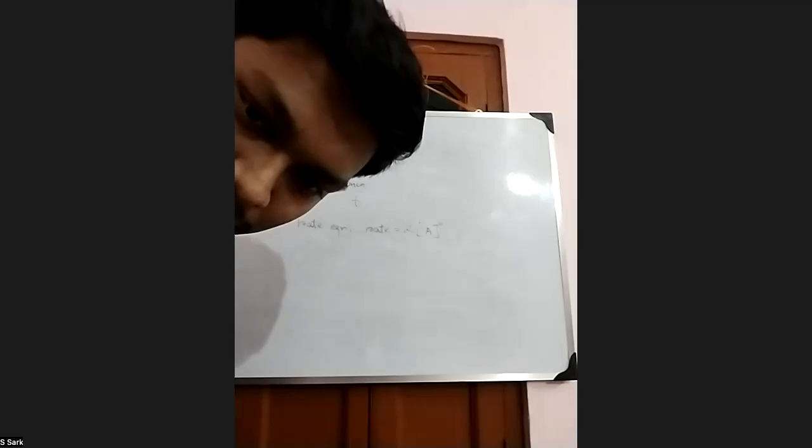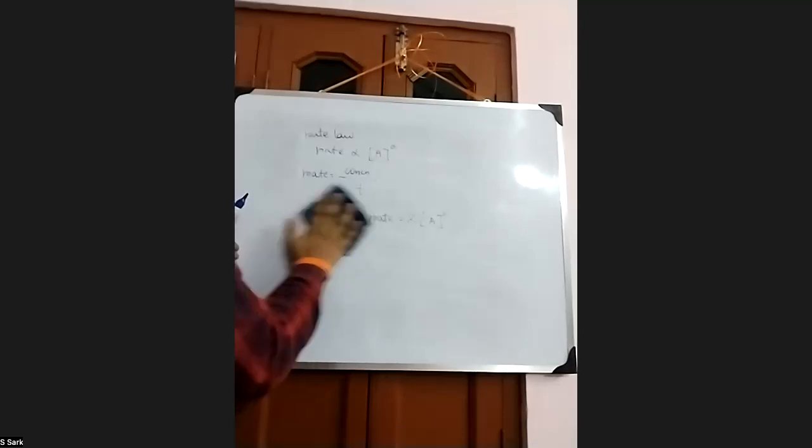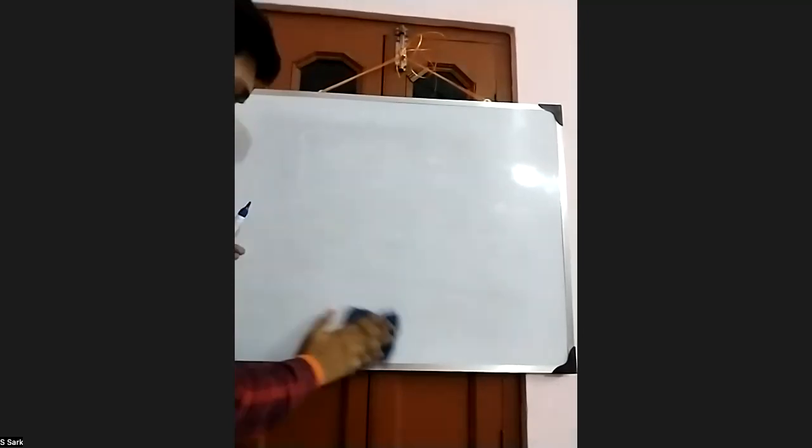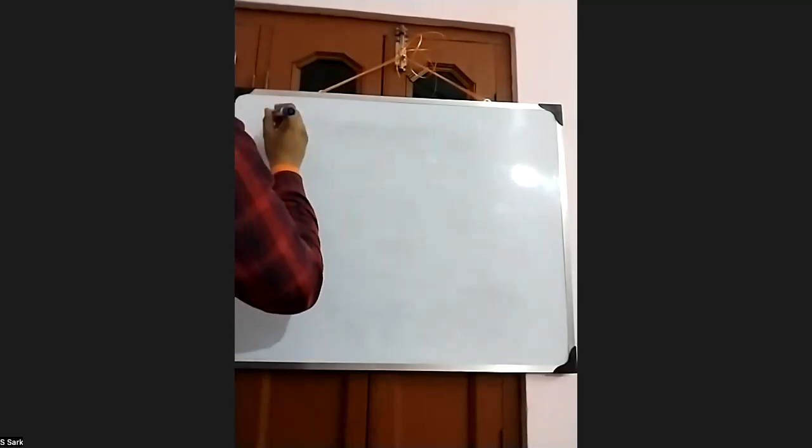So if a reaction follows this rate equation, where rate equals k into A to the power 0, then this is a zero order reaction.